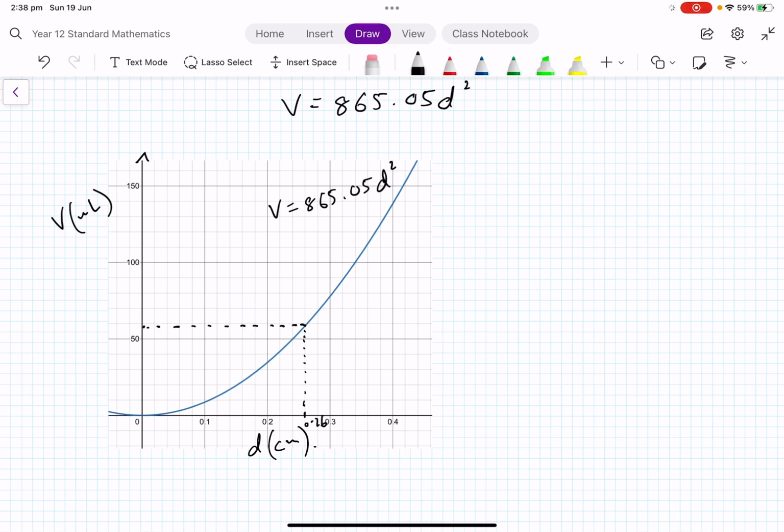I'd say that's 60, 70, 80, 90, 100. So roughly 58. So part C is approximately 58 milliliters through a blood vessel of 0.26 centimeters.